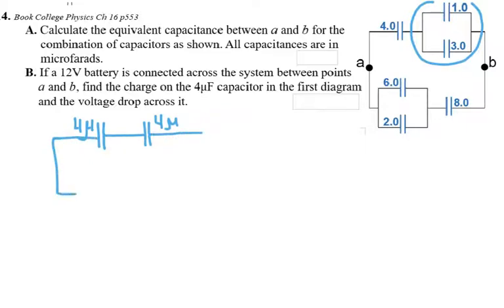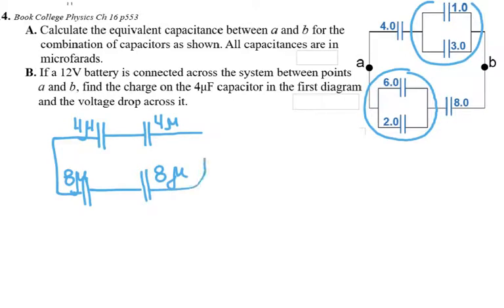And then 6 and 2, they are again in parallel. So I only add them when they are parallel. So that gives me 8 microfarad capacitance. And then I have another 8 microfarad capacitance. And here is your point A and point B.